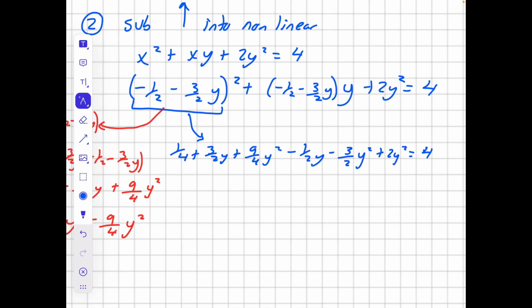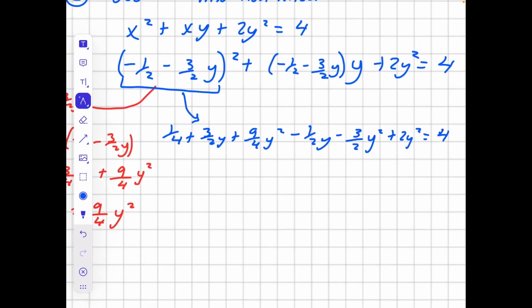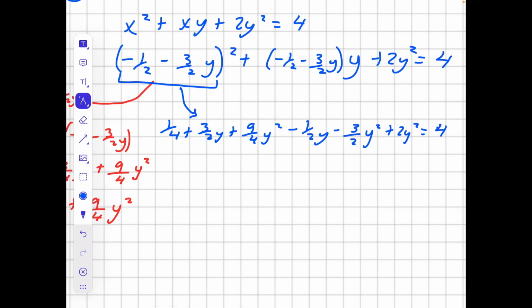Now, I'm going to be able to tidy this up a little bit, so any of the y squareds I'm going to add together. So you have 2y squared plus 9 over 4y squared. That gives me 11 over 4 y squared. Add all the y's together. So I have 3 over 2y minus 1 over 2y. That's actually just going to give me 1y.